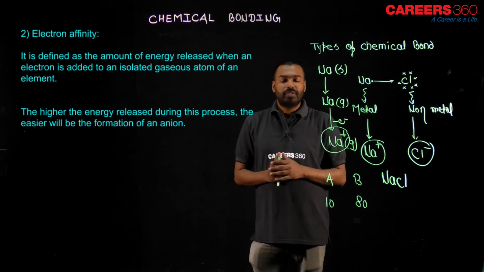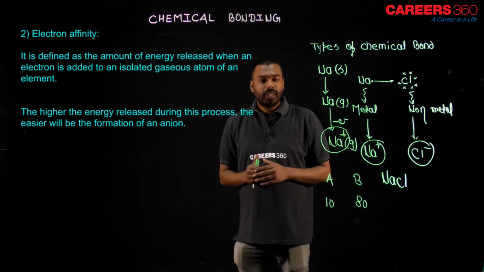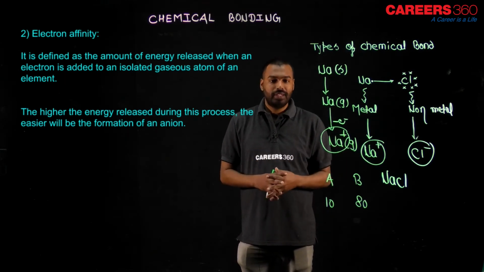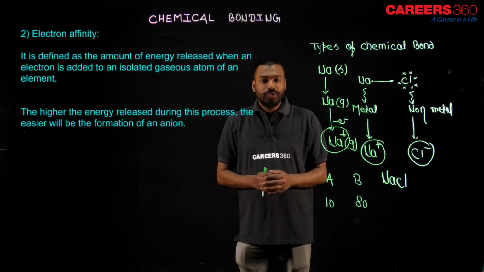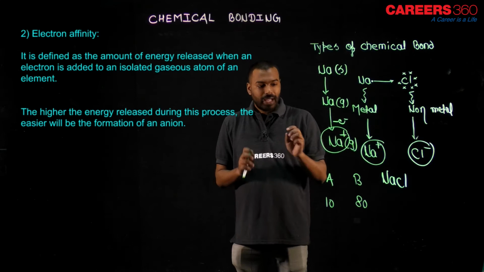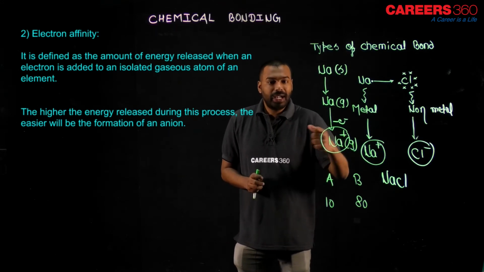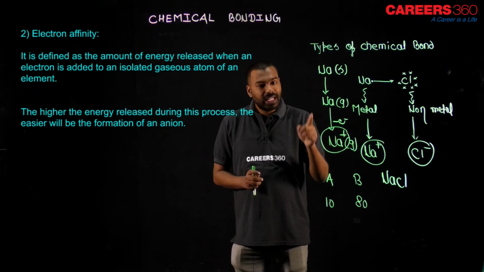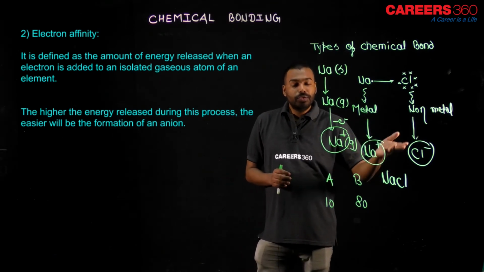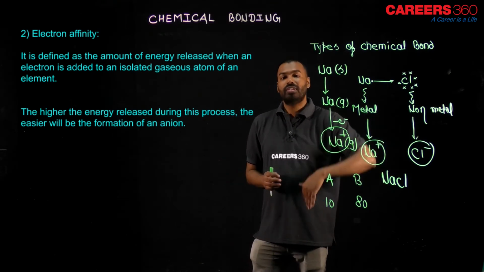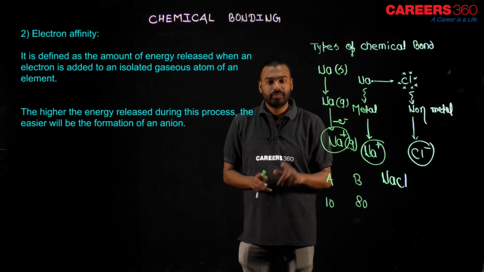One thing you must remember, that if any system has more energy, it has less stability. So, if any system is absorbing energy, demanding energy, you always try to give less energy. If any system is releasing energy, you always try to release more and more energy from that system, right.